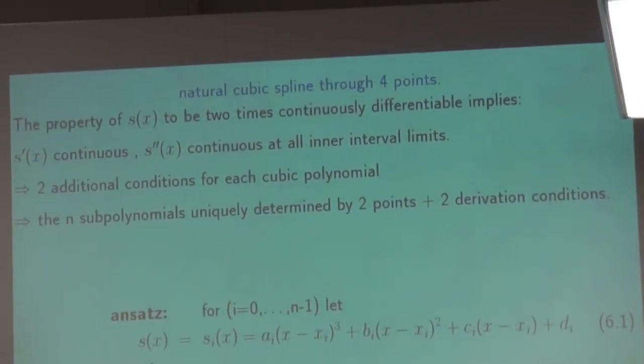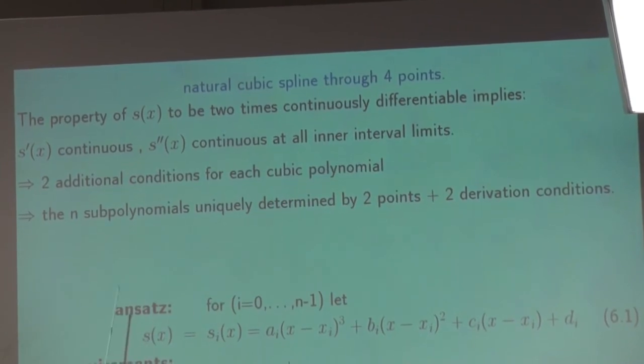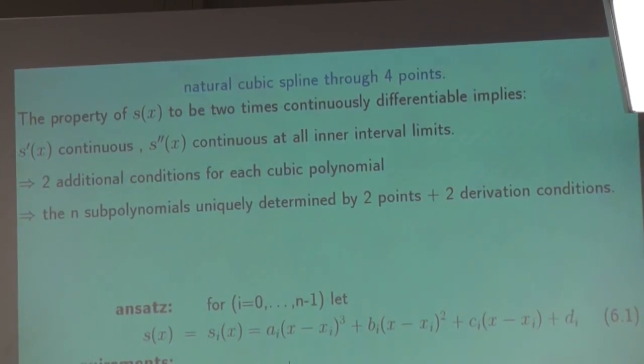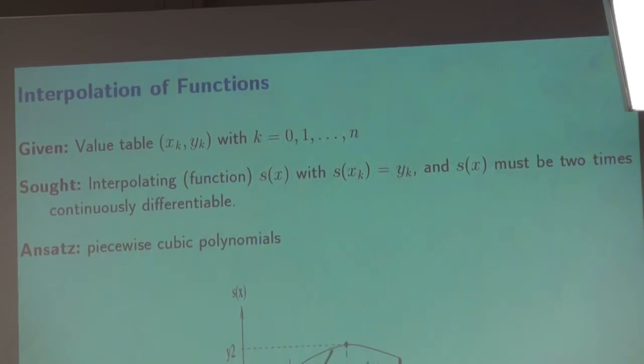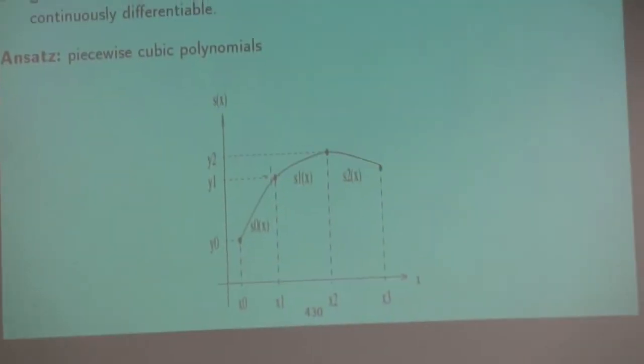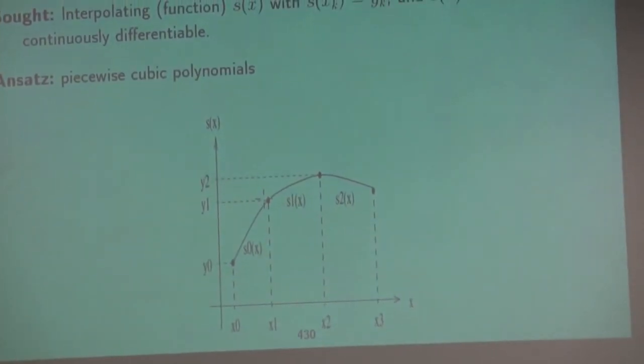From this 2 times continuous differentiability, we know that the first derivative of the spline has to be continuous and the second derivative too. And this is a requirement, that's important, for all inner points, and only for these.